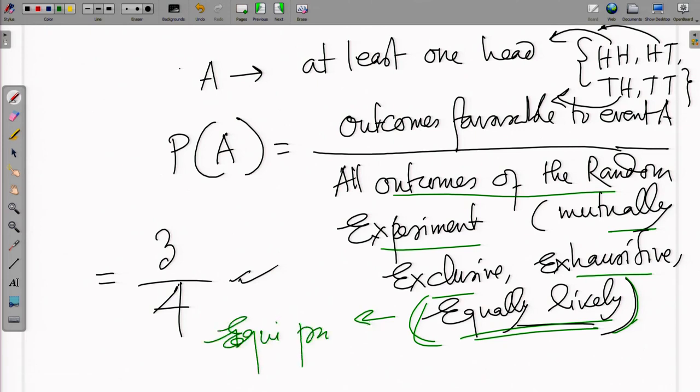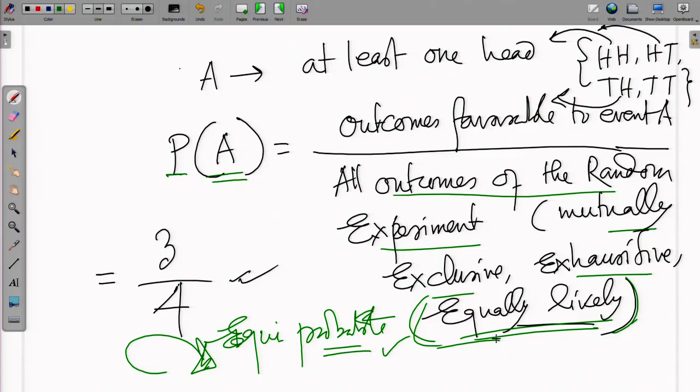Now, if the outcomes are equiprobable and you are already using the term probability while you are calculating probability, you are presuming the probability before you calculate it. So, that does not really make a lot of sense. That is another big problem with the definition of classical probability.